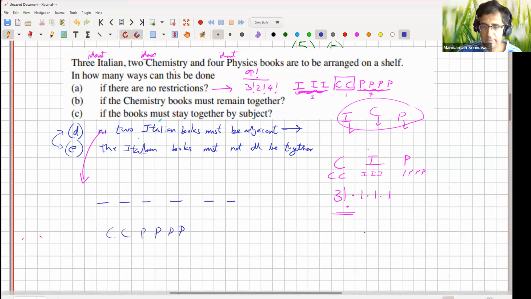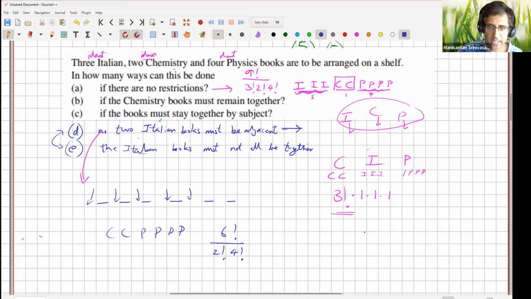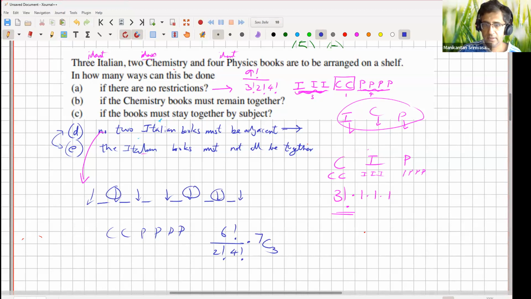So first I'll arrange them. That'll be 6 factorial by 2 factorial into 4 factorial ways. Having done that, now there are 7 gaps as before. We choose 3 gaps. Let's say we end up choosing this, this, and this, right? There's nothing more to do.